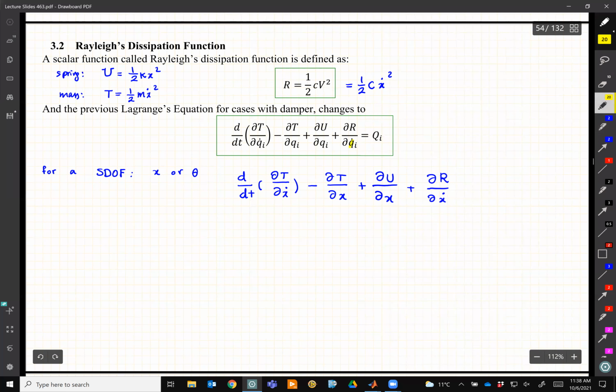Be careful, this is x dot, velocity, is equal to the force in the direction of x, all right, Fx, which we show by Q. This is the external force in direction of x.